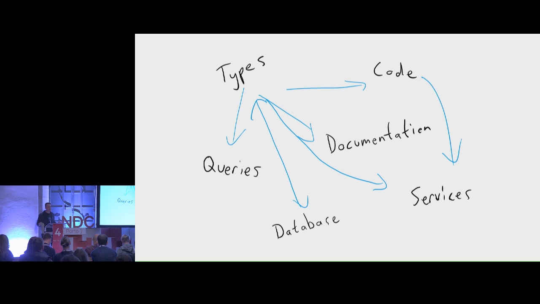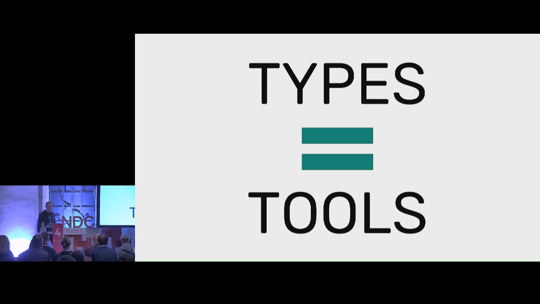All of these things can all be interrelatable once you have end-to-end type safety for your applications. And again, the main point is that of all the other benefits, types equal tools. And that's the most powerful bit.